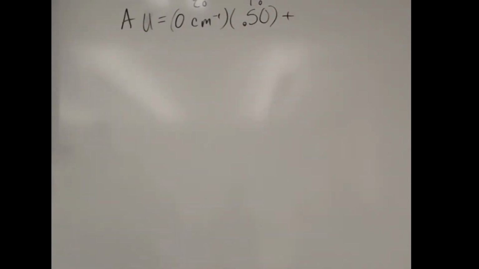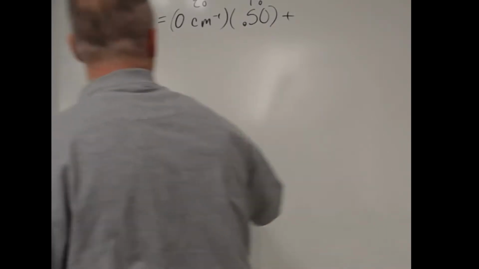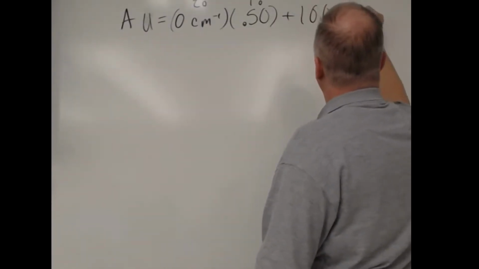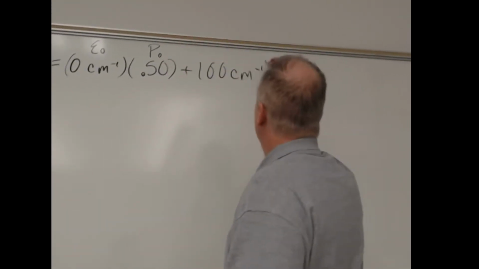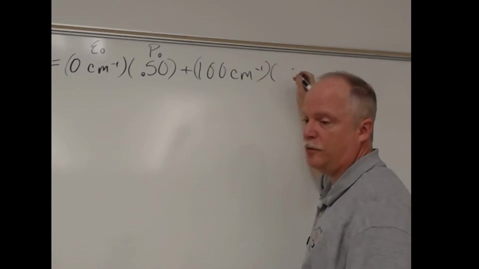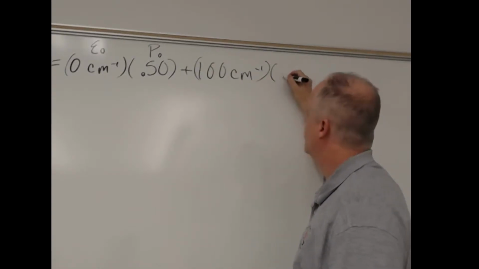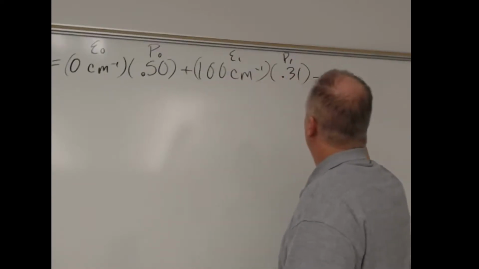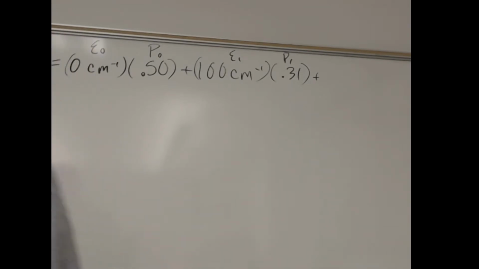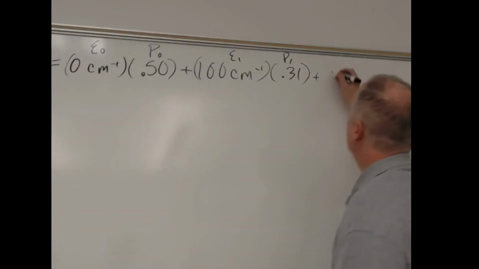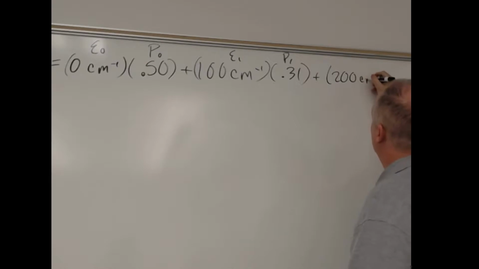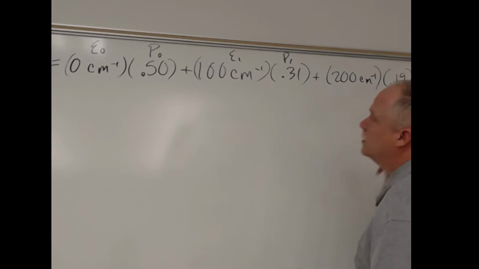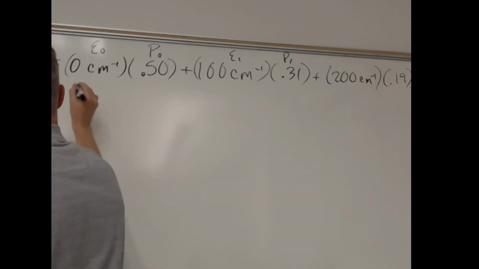The next one is 100 wave numbers. And what's the probability for that one? 0.31. And then the last one, 0.19. So if someone could add that up for me.